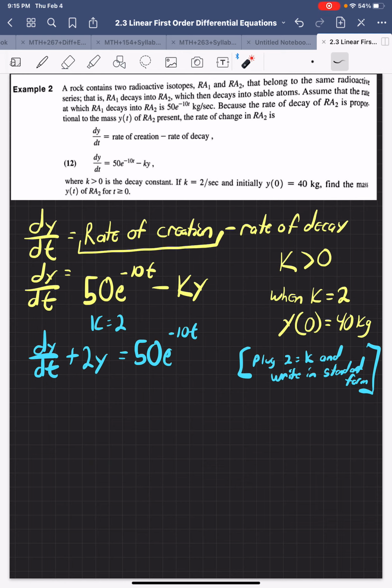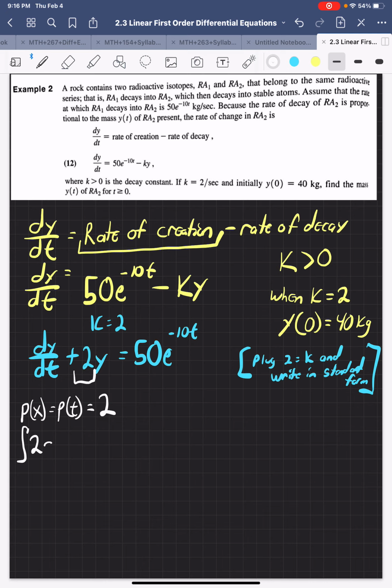All right, now that we're here, let's establish what p of x is. In this case, it's just p of t. And that is whatever is attached to y. So it's just equal to 2. And if you recall, we need to integrate 2.